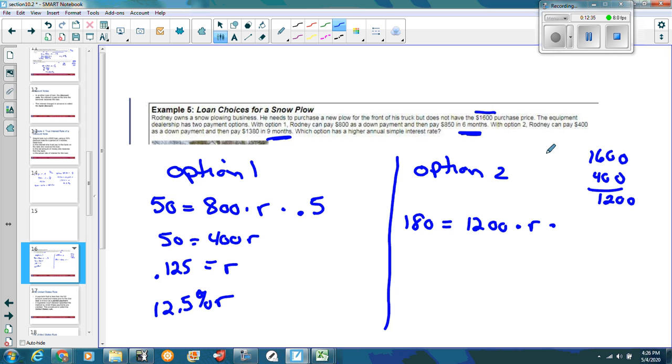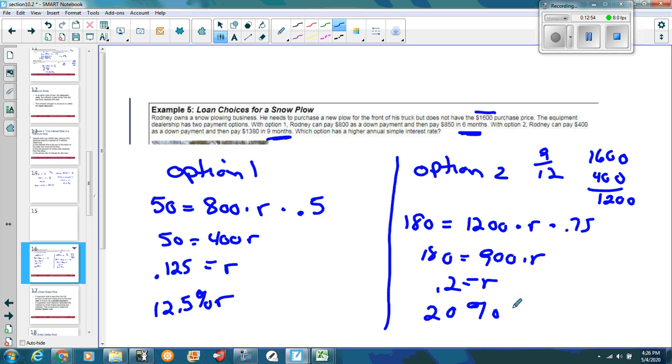So this would be 9 over 12, which comes out to be 3/4. So when you multiply that, you get 900, and you divide, you get 0.2, so that comes out to be 20%. So option one was a much better interest rate. Okay, and I'm going to stop right there for the first half of this section.